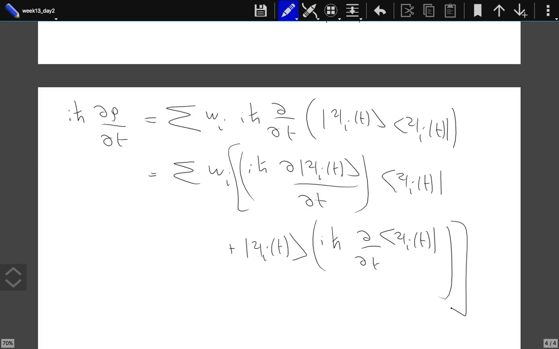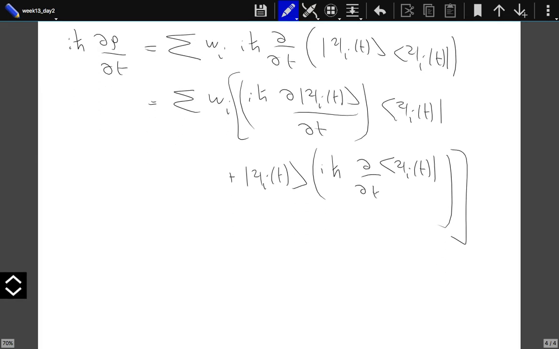Well, I know the time derivatives of the kets. The first one is nothing but h psi i of t.